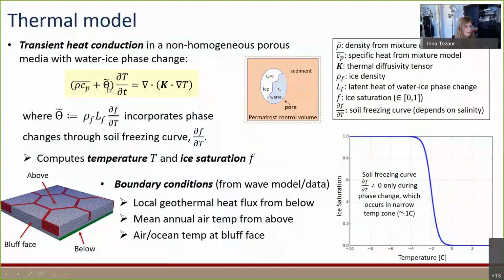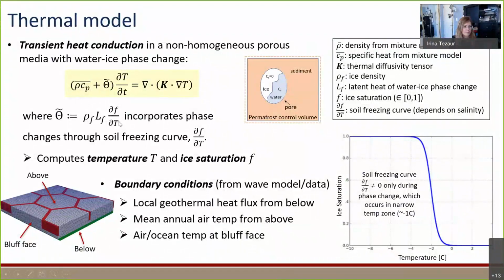But something worth mentioning is that we have this theta tilde term in the inertial part of the equation. This is important because this is how we incorporate phase changes. Okay, so the water can go from liquid to solid ice. The way we take that into account is through what's called the soil freezing curve, dF/dT.